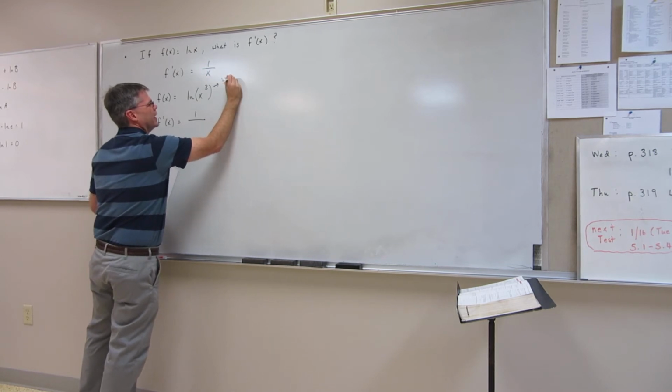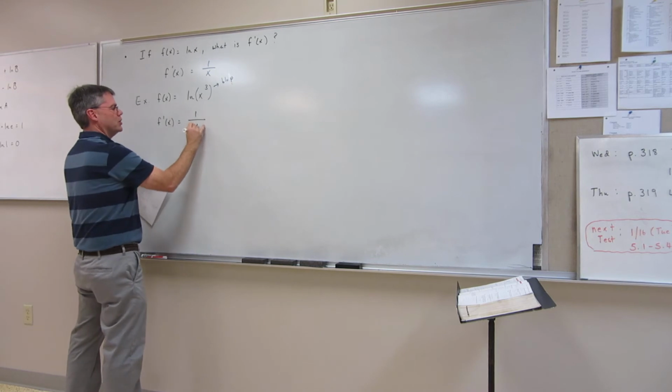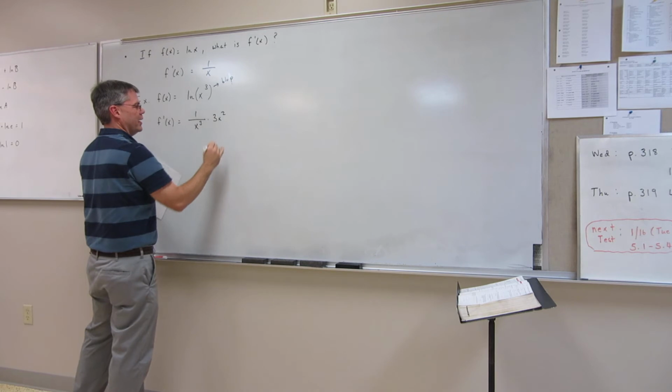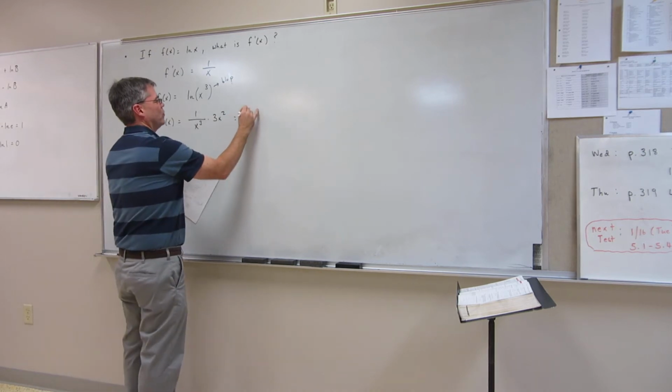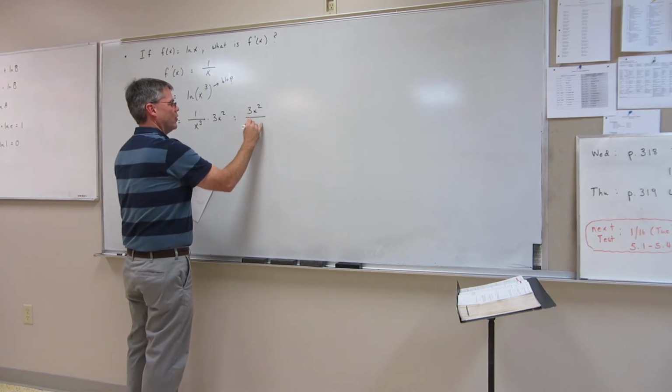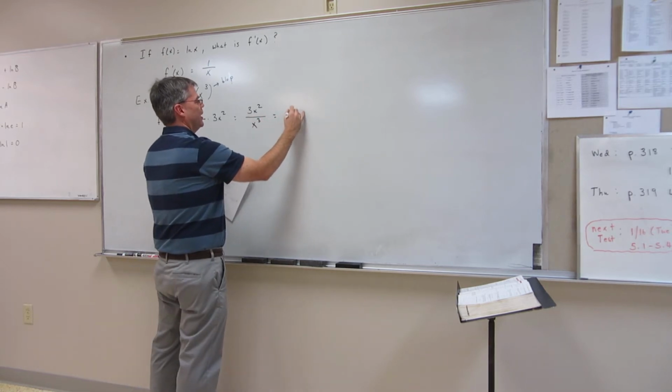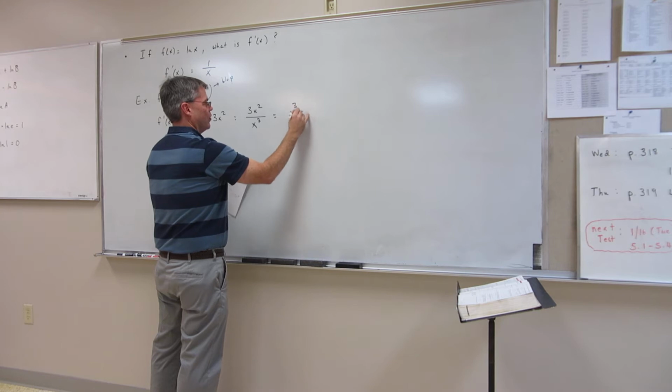Okay, so x cubed is the blob. 1 over x cubed times the derivative of the blob, which is 3x squared. So that's going to be 3x squared over x cubed. And we can simplify that into just 3 over x.